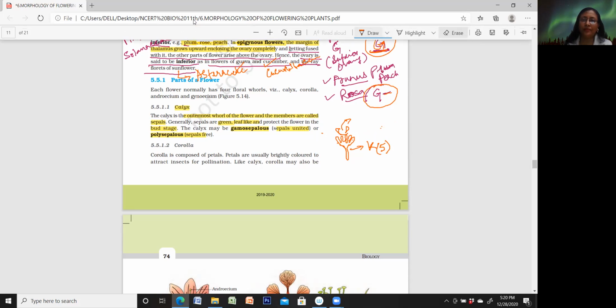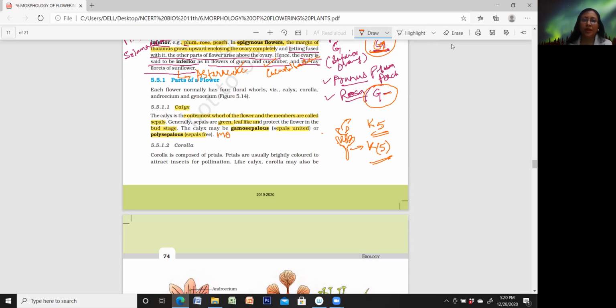And if it happens to be polysepalous, you will write it as K. Suppose 5 sepals, you will just write like this. You won't put a bracket. So if you put a bracket, it's gamosepalous. If you don't put a bracket, it is polysepalous. Same is true also with corolla.